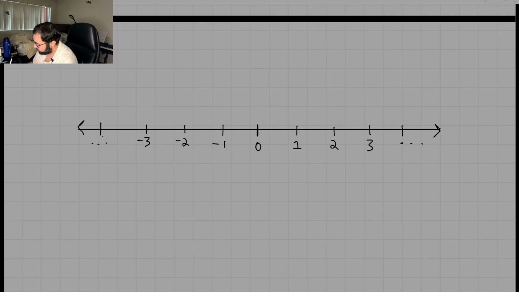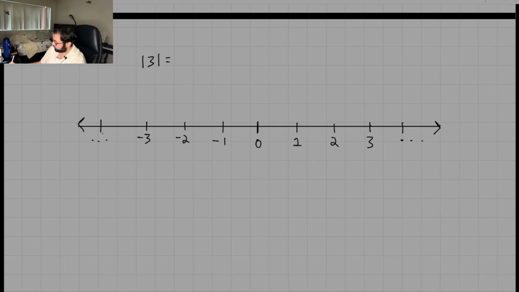So if we wanted to find the absolute value of 3, for example, all you have to ask yourself is how far is 3 from 0 on the real number line? Well, 3 is located right over here. And we know that this is 0. So then the distance between 0 and 3 will be represented by this bar.